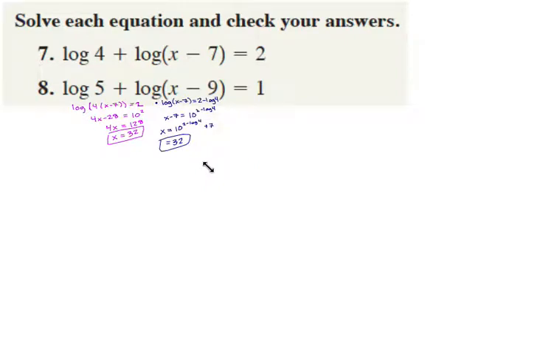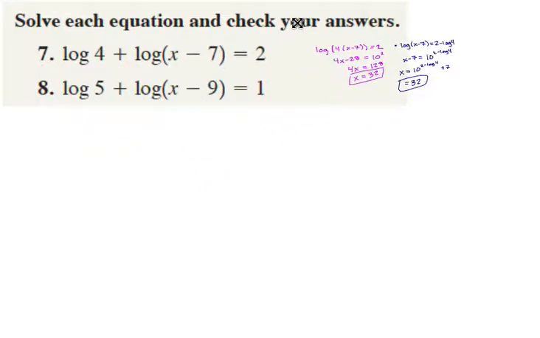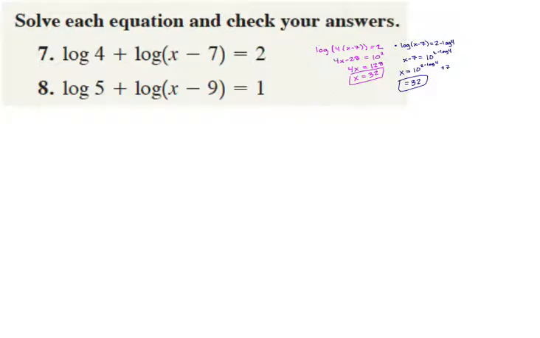Okay, so if we're doing something like number 8, again, I'm going to recommend we do that purple route. So we're going to do the multiplication step. We can combine this into one log because it's addition. So this will turn into log of 5 times our x minus 9 equals 1. I'll show all the steps on this.